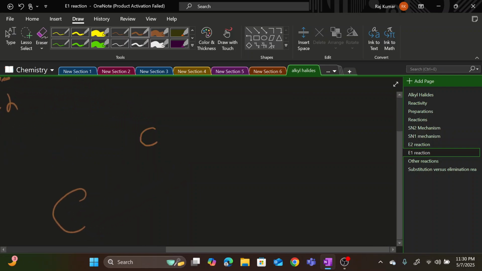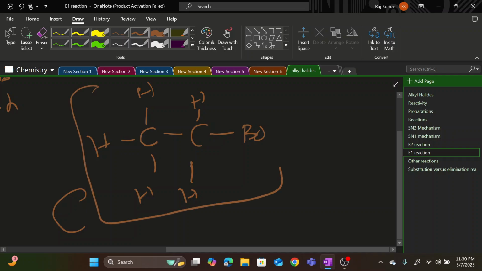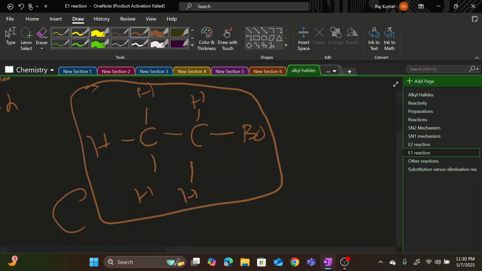This is, let's say, the beta carbon, this is hydrogen, this is hydrogen, this is hydrogen, this is hydrogen, this is the entire molecule. Now, if you see over here, the beta carbon will donate its electron.